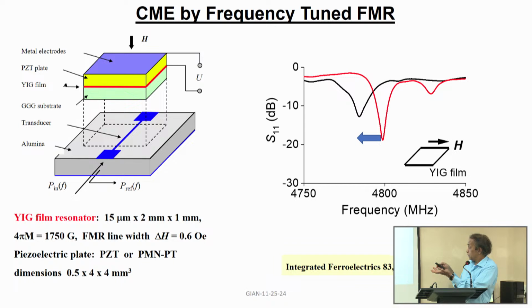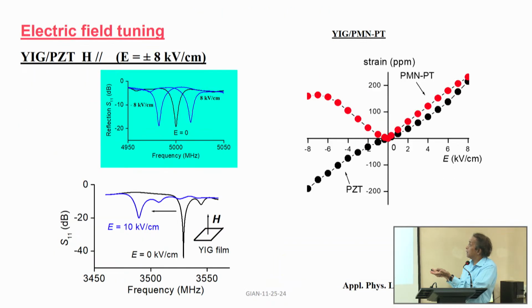So that's how we do the converse effect. This one shows what we measured when we used yttrium iron garnet and PZT or YIG, PMN and PT, and it's just a simple calculation based on whatever shift we measure here.